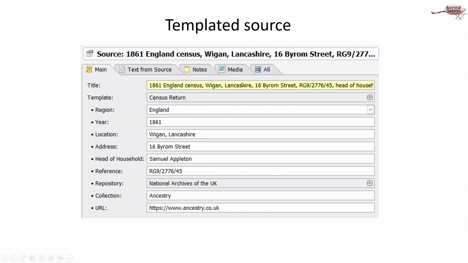So it's still useful, but we can do lots of really nice querying if we wanted to find, for example, any sources which reference Wigan in Lancashire in 1861. It's much quicker to find that information. We do still have the text from source, the notes, the media, but it's particularly this first page, if you like, which is the difference between a generic and a templated source.